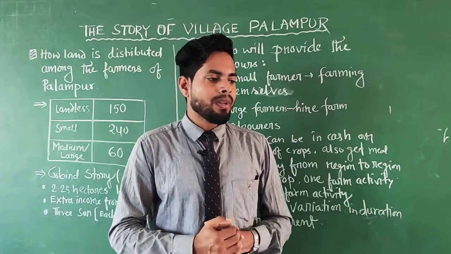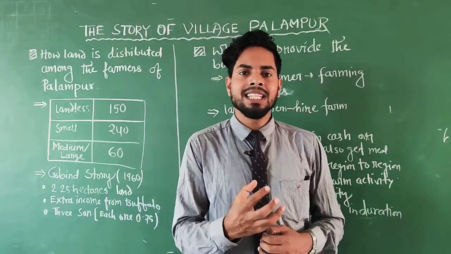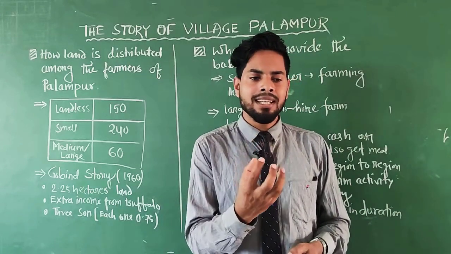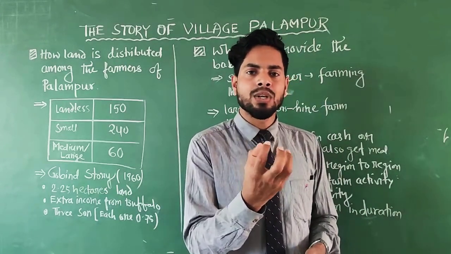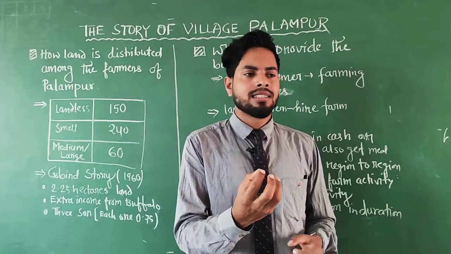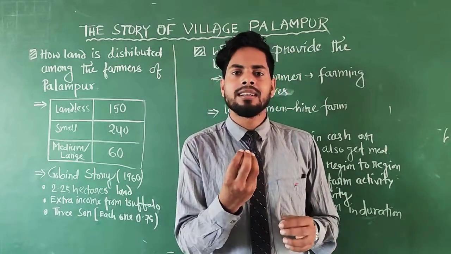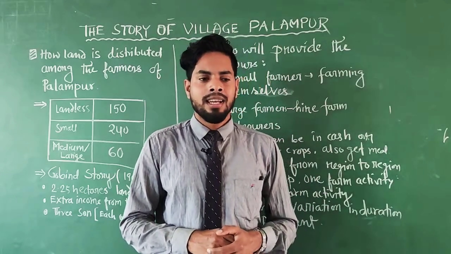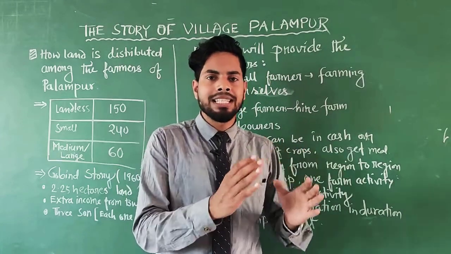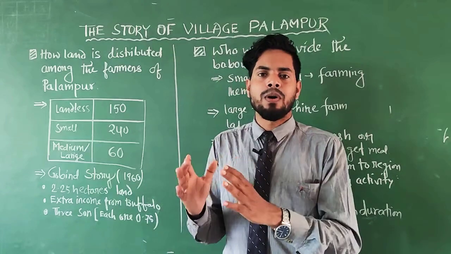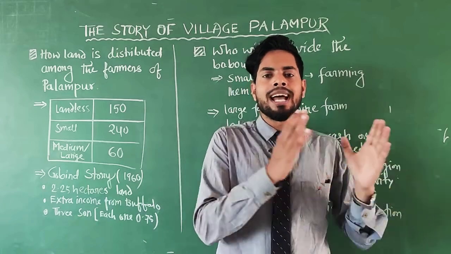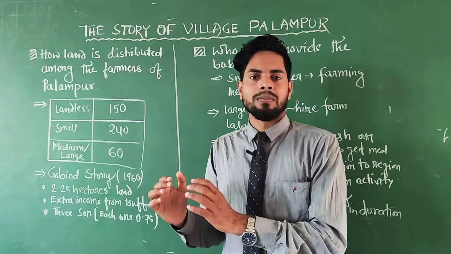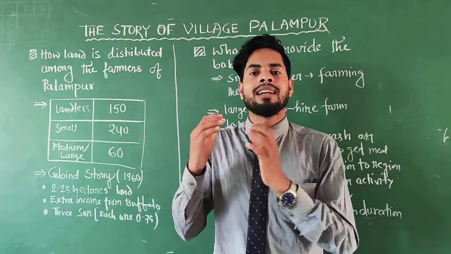In Palampur, farm laborers get wages in cash. At the same time, they get wages as crops, and sometimes they get meals for the day. The wages vary from one region to another, one crop to another, one farm activity to another.